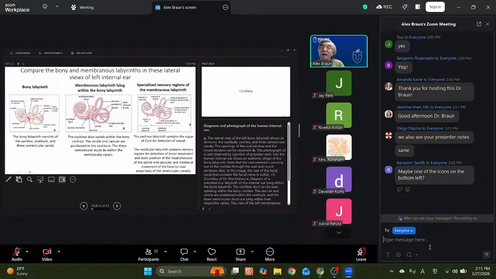It's lightly demarcated in this image, but if you look very carefully, you see this spirally shaped sensory epithelium, which is called the organ of Corti within the cochlear or auditory labyrinth. And then if we look on this side here, in the vestibular labyrinth, we see several different types of sensory epithelia which mediate the vestibular sensation, if you will.